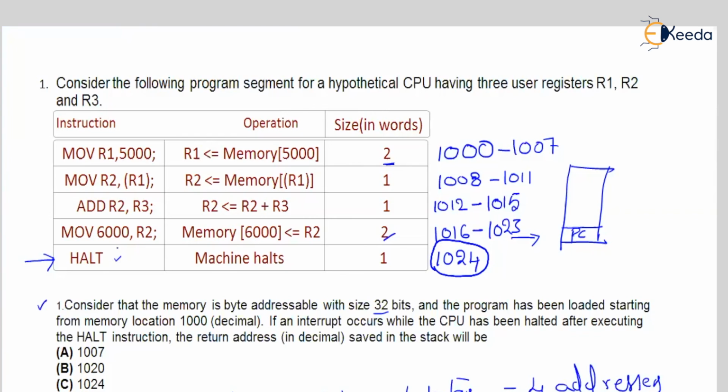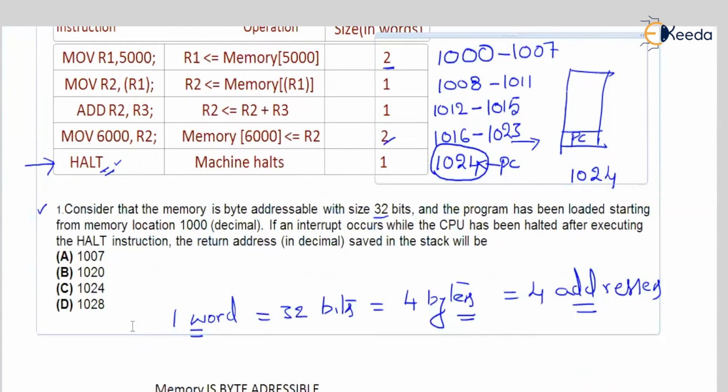If it is any other instruction, the next instruction's address will be the program counter value that gets pushed into the stack. But for the halt instruction, the program counter value will not get updated during its execution. So the program counter value is the same as the current instruction's address, that is 1024. So 1024 is the correct answer, that is C.